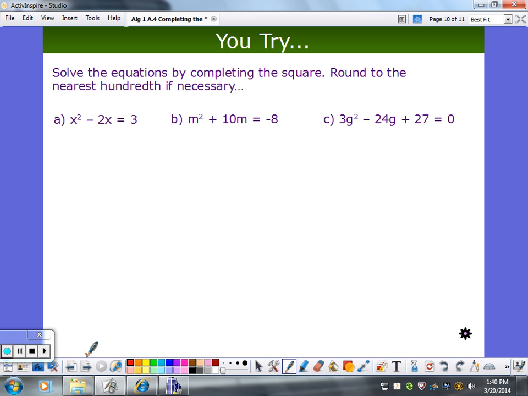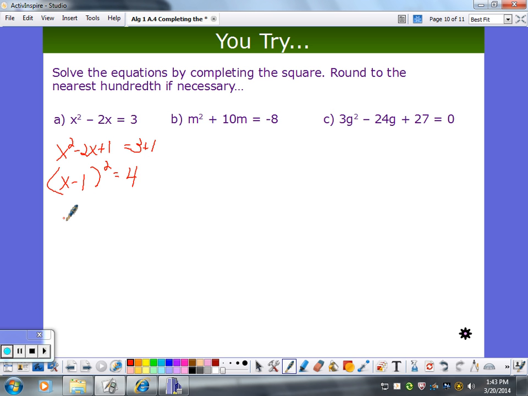Alrighty. You try it. Because we're starting to run out of time a little bit. So x squared minus 2x, leave a little space. Half of negative 2 is negative 1. Square that. Plus 1, always positive. Add to the other side. Turn this into binomial squared. That's x minus 1 squared, that's 4.